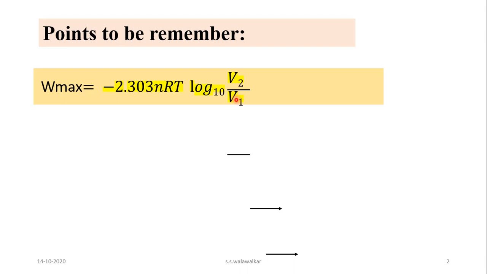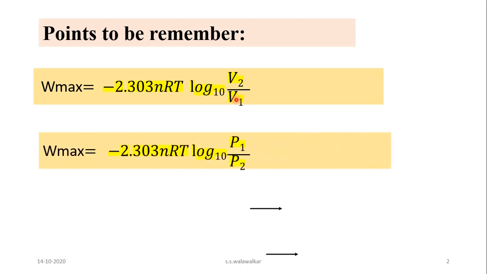And if it is in terms of pressure change, then you have to use the formula minus 2.303 nRT log to the base 10 P1 upon P2.